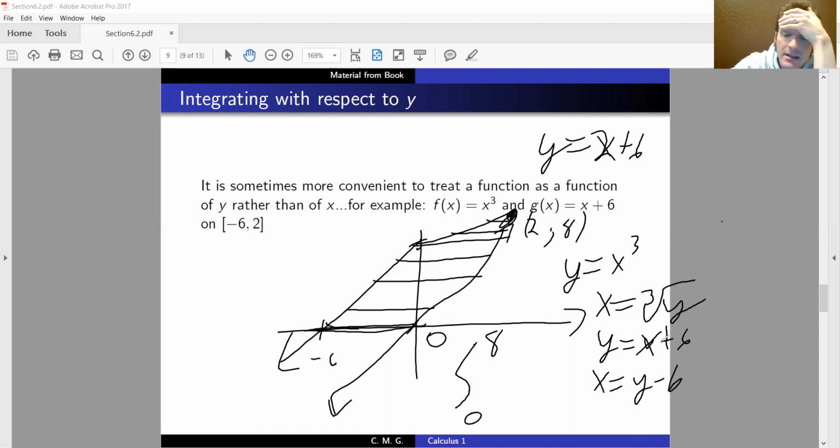Okay. And so now the rightmost function is the cube root of y, minus y minus 6, with respect to y. So I'm integrating this thing with respect to y, and then I'm going from there.